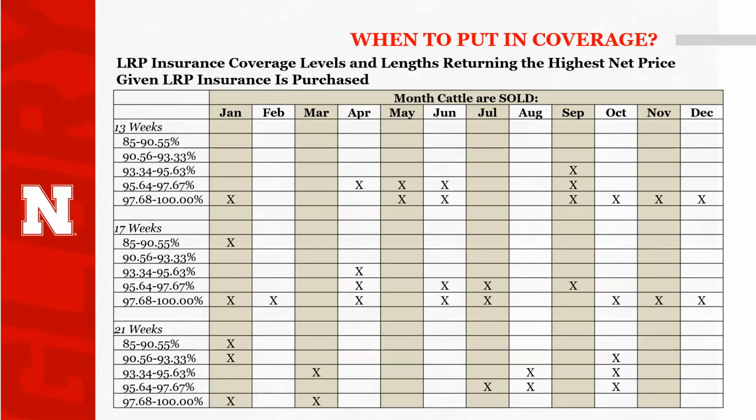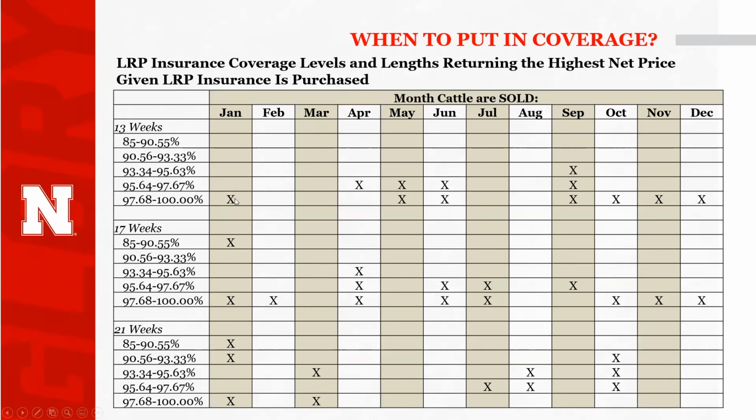So this is some work that's been done out of Tennessee. And so this gives you an idea of, given a certain week or endorsement length and a coverage level within that endorsement length, and when the cattle are sold, what is going to return the highest net price given LRP is used?